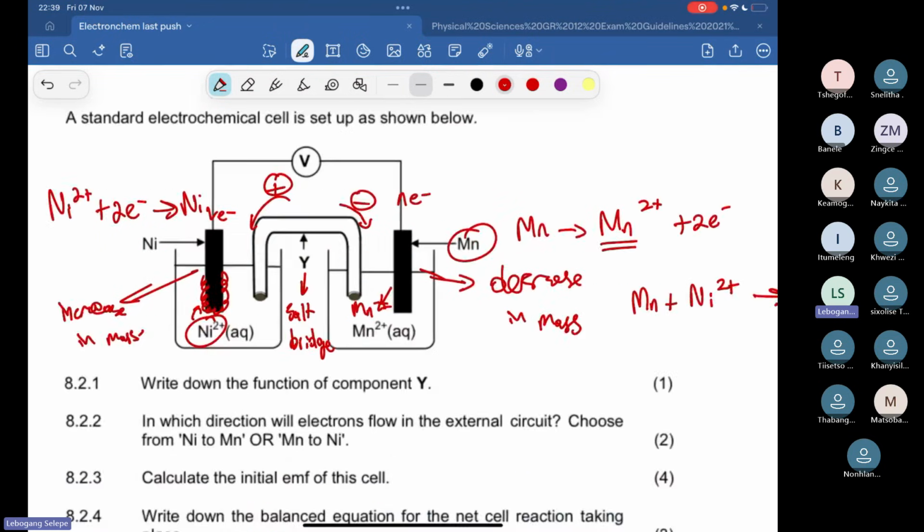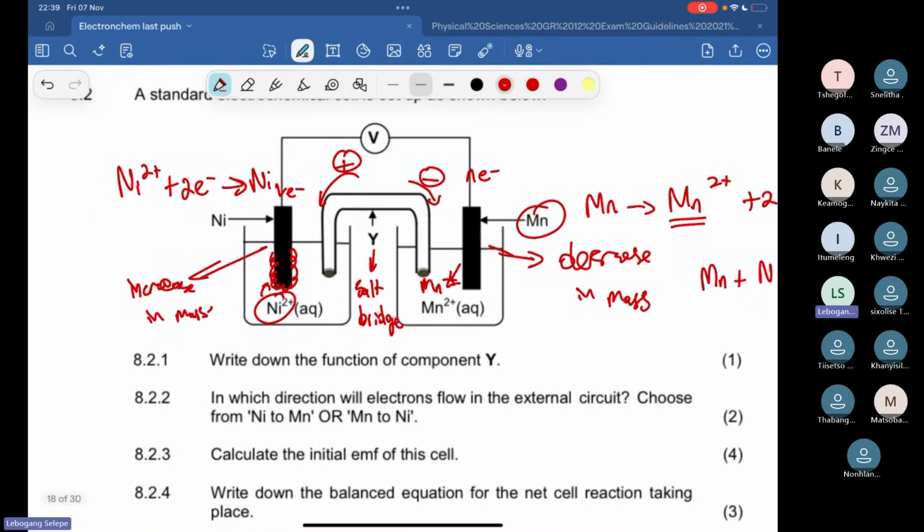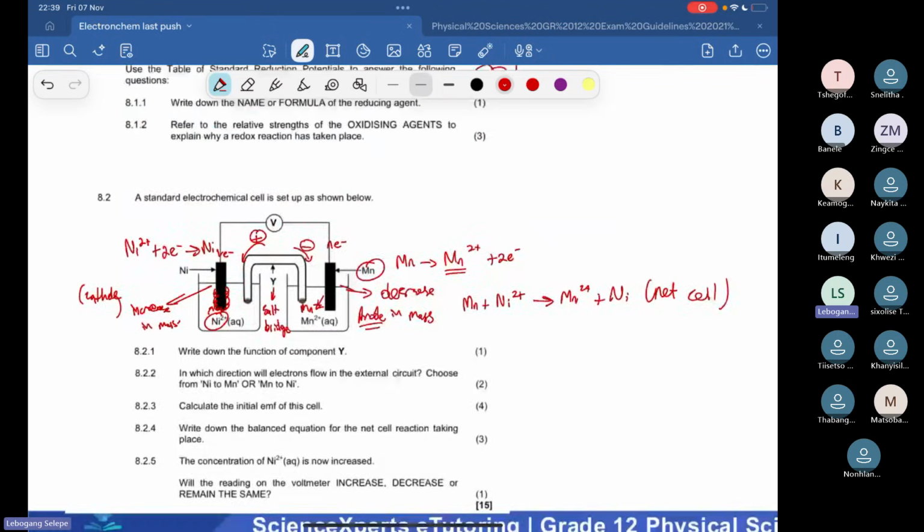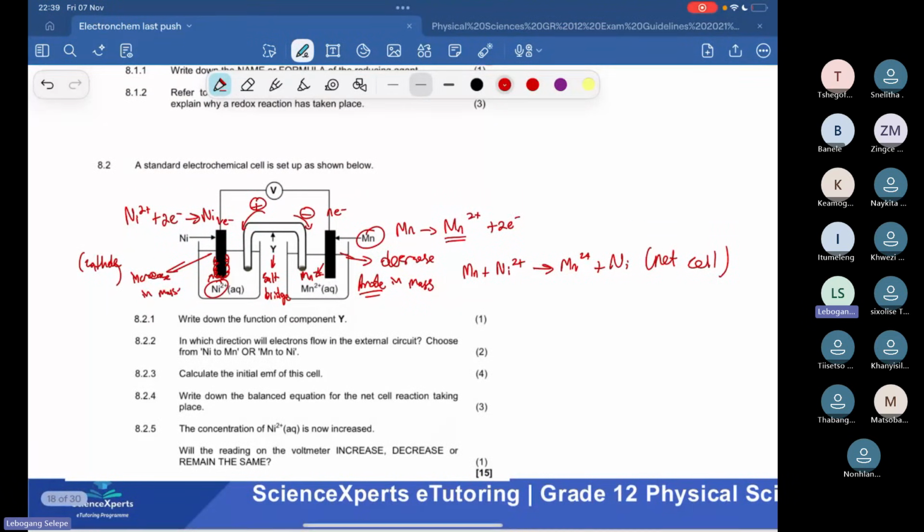So the side where we see an increase in mass is also called the cathode. This is the anode. Guys, put in information before you answer the questions. Write down the function of component Y. It's the salt bridge, it maintains neutrality of the electrolytes.